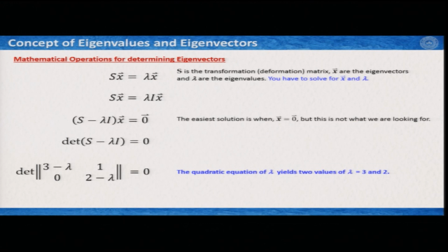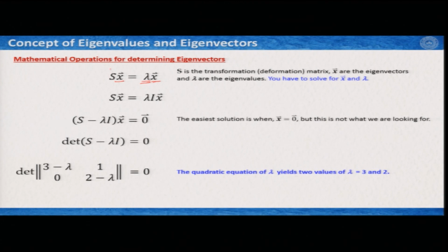then I can multiply it with a vector x, and then equate it to a scalar quantity, which is your eigenvalue, multiplied again by the same vector x.